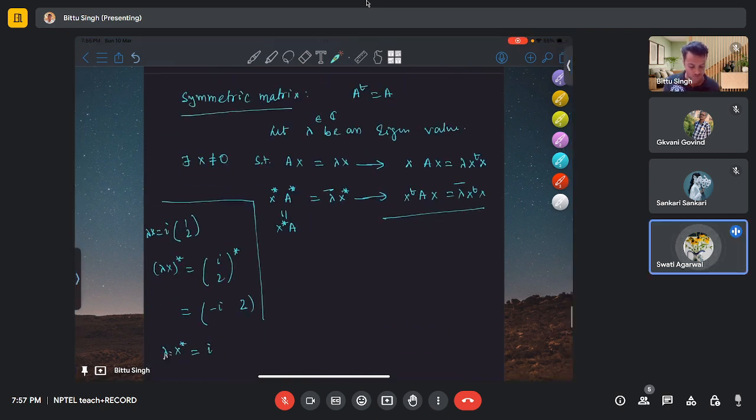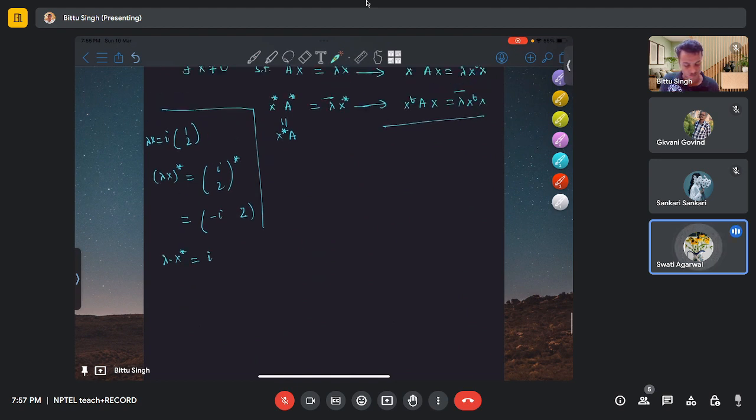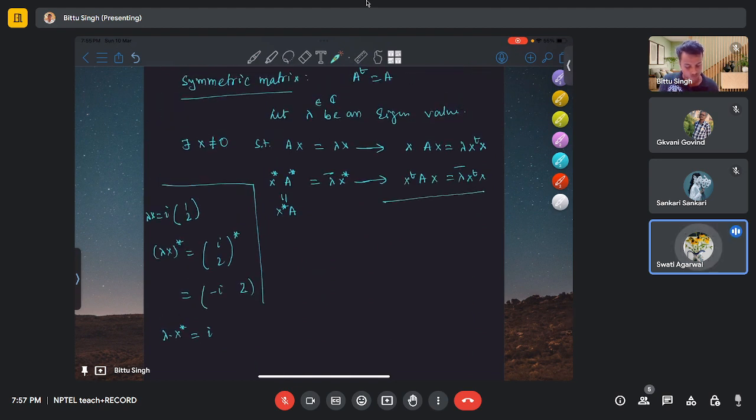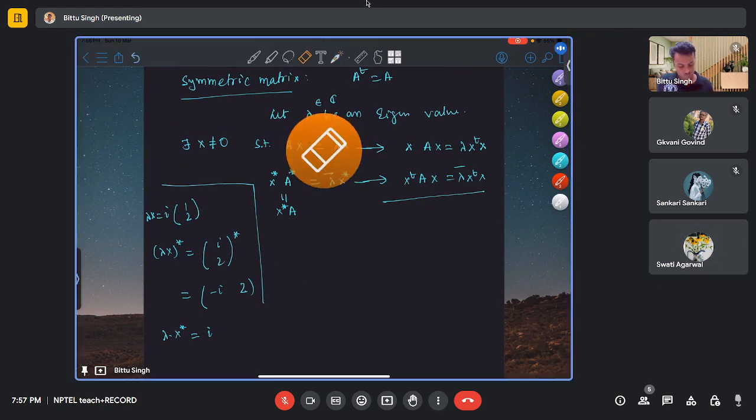Okay, but you started by saying that we are going to prove that lambda is always real. Yes, yes. Okay. So here you can see that lambda times x star, actually this is i times (1, 2), and this is not the same as this, right? You need to take lambda bar times x star. That is what I have written here. Okay.